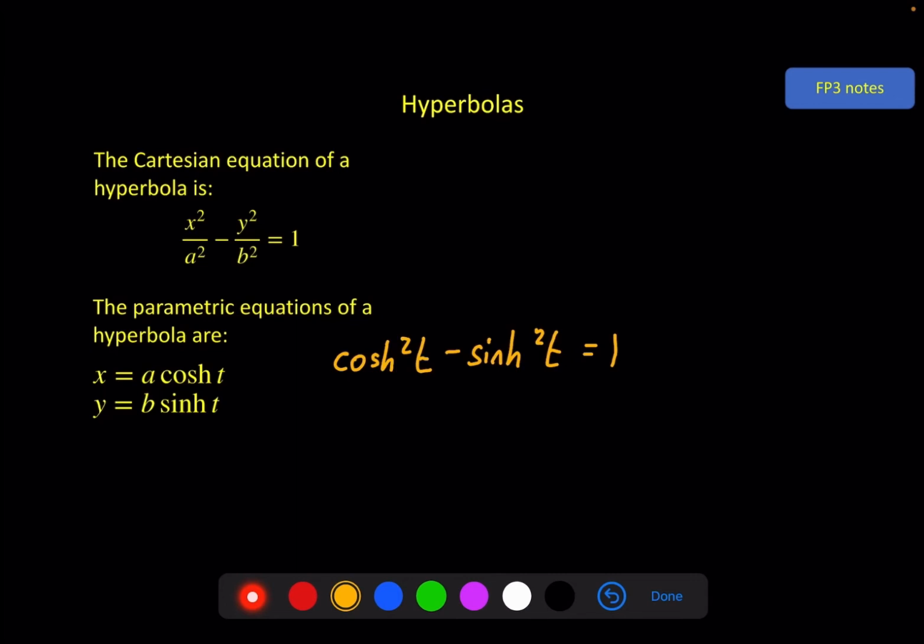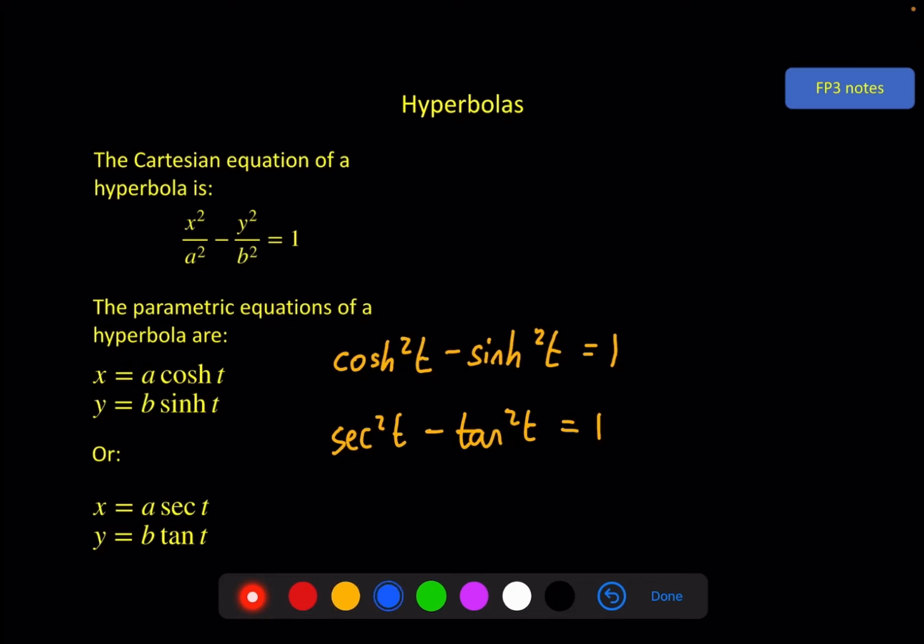And sometimes I teach this chapter later in the module so that the cosh and the sinh are a little bit more familiar. But if you're doing this chapter before looking too far into the hyperbolic functions, don't worry, there's an alternative, and that is sec and tan, because similarly sec squared t minus tan squared t is also equal to 1. So both of these work as parametric equations for a hyperbola.